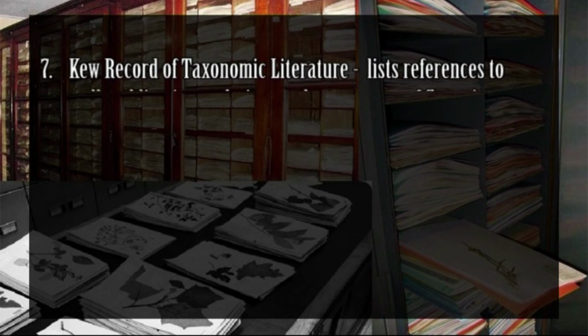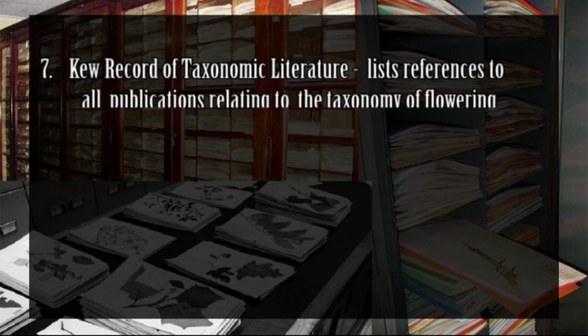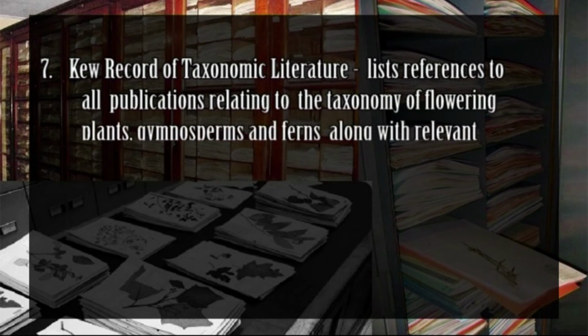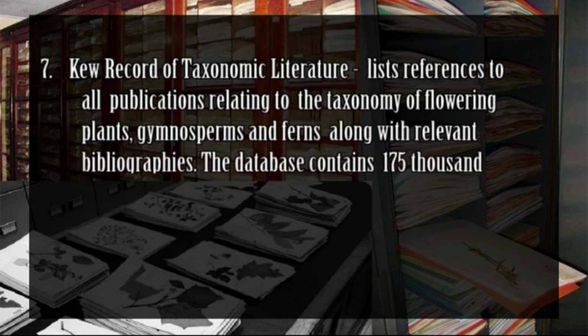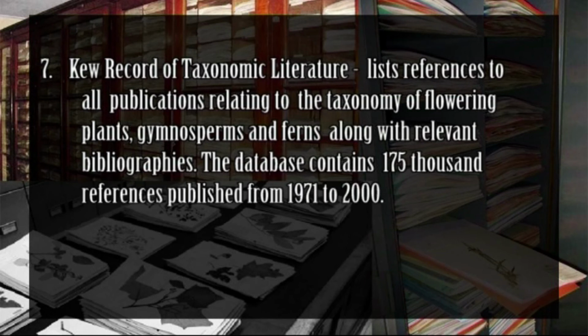This valuable resource lists references to all publications relating to the taxonomy of flowering plants, gymnosperms and ferns, along with reference to phytogeography, nomenclature, chemotaxonomy, molecular taxonomy, chromosome surveys, and palynology. All these are also included along with the relevant bibliographies.